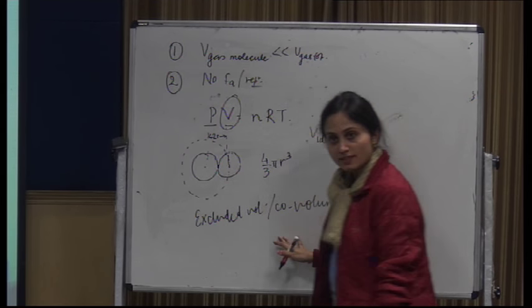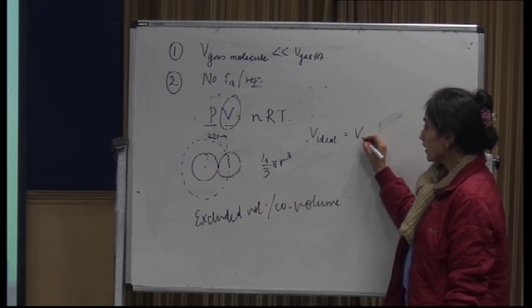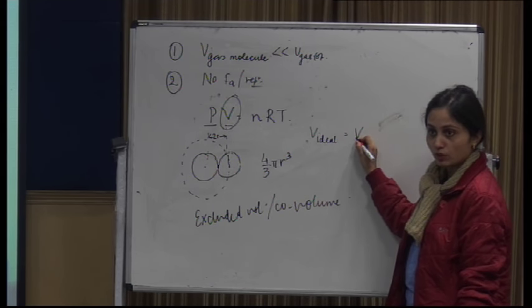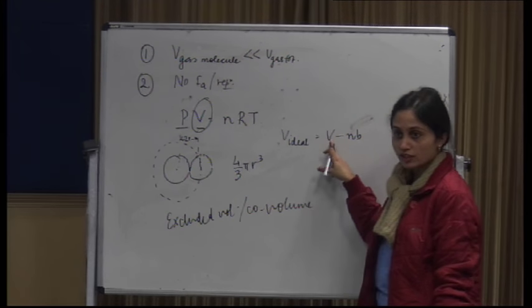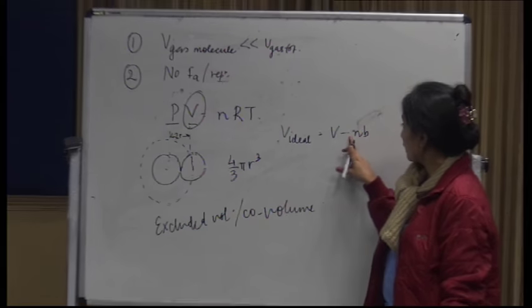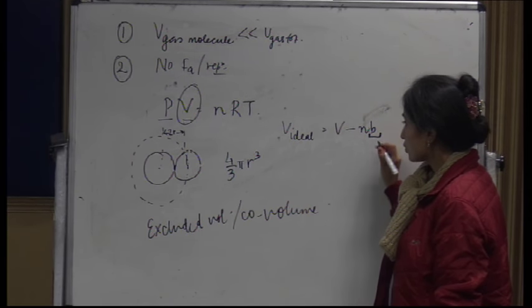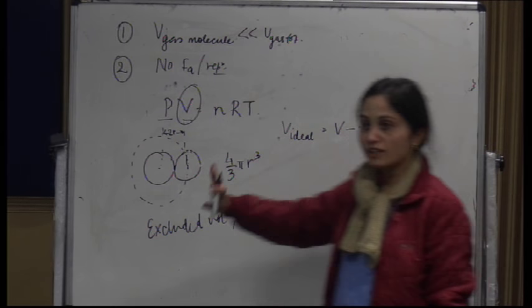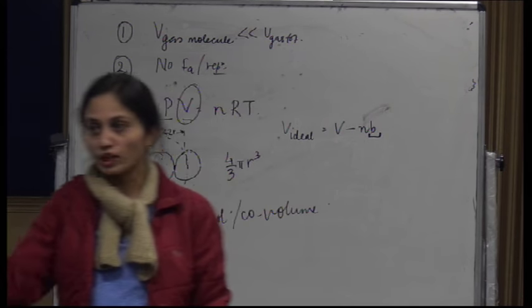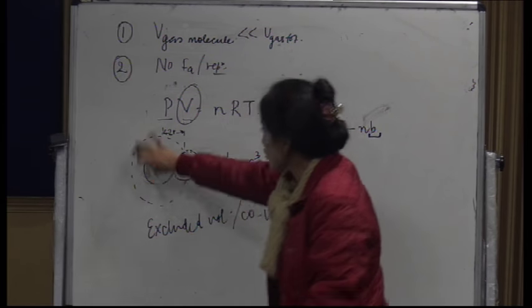Just remember this. The ideal volume in comparison to my real volume will be less than the real. So this is my real volume V. V minus, now I am subtracting that excluded volume from the real, that is what your ideal is. Because in the ideal case I did not include the excluded volume. This was excluded, so that is why we call it the excluded volume.